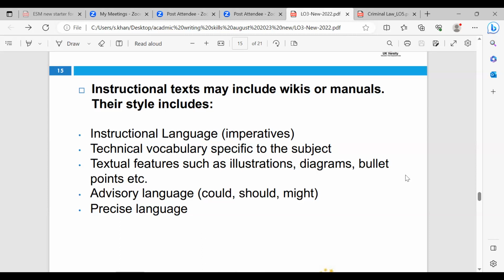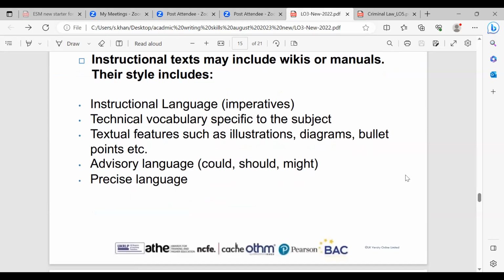Imperative words could be things like put the cake mix in the oven, insert the disc and then press play, or put the washing powder in and then press the temperature. These are really important for you to use, and these are there to help and support individuals when they are doing things. So it's mainly instruction manuals, okay?